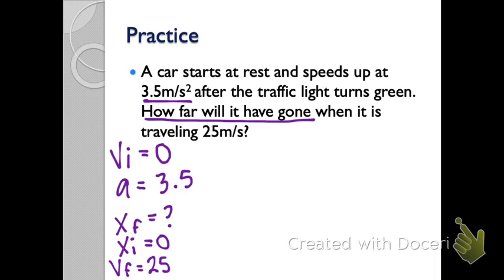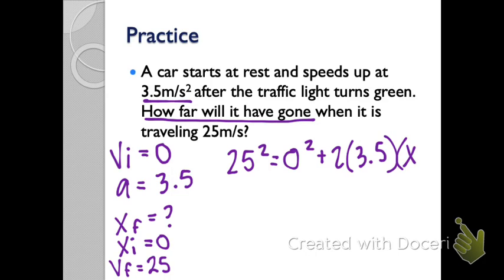I have number 3 that allows me to solve for these variables without time, so that's what I'm going to use. 25 squared equals 0 squared plus 2A X final, and it's really X final minus 0, so I'm just going to leave that off, because my initial position is 0. Does that part make sense?